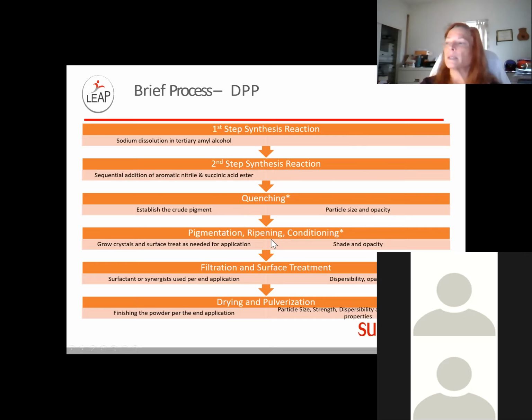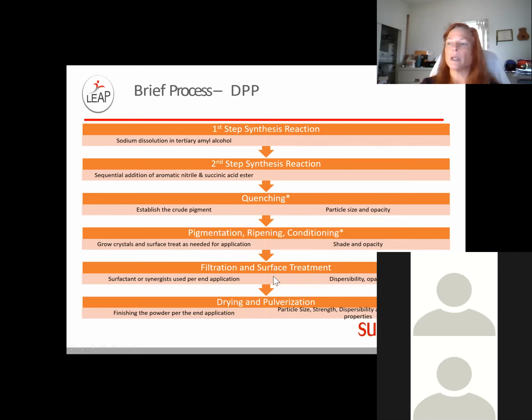The next step is the pigmentation and ripening and conditioning. This is where the crystals are then further grown and surface treated based on the final end application. And this particular step is very critical in determining the shade as well as opacity. And like other pigments, filtration and surface treatment is the following step, and that's all based on the end application.